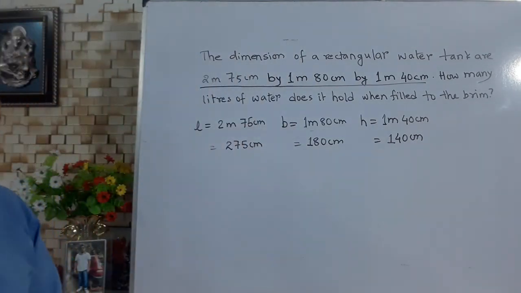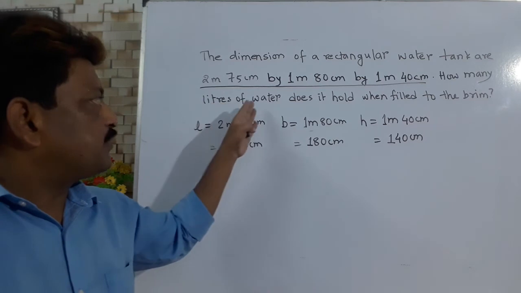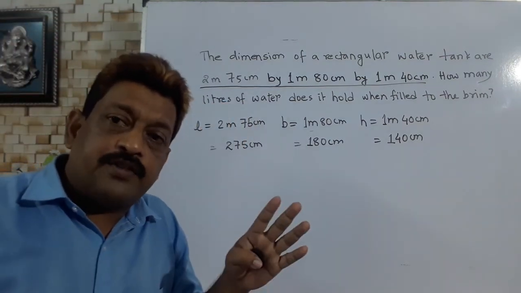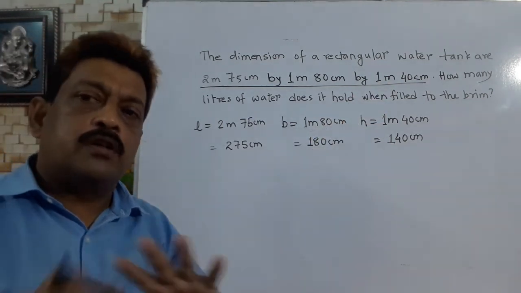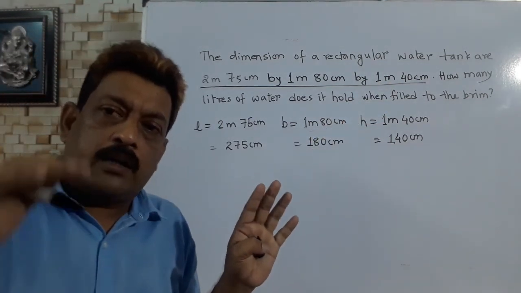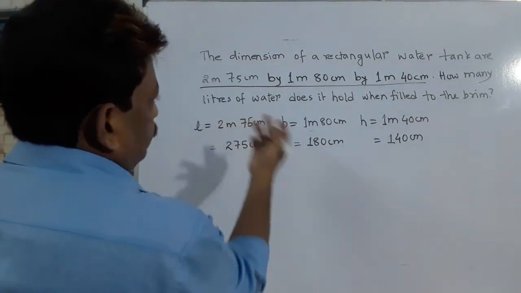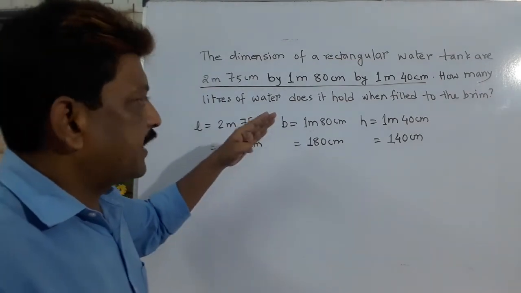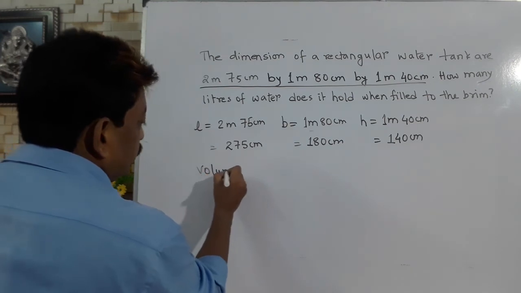Okay. Now what we have to do, we have to find the capacity, that is how many liters of water it can hold. Means we have to find the capacity of the tank when it is full. Filled up to the brim means totally filled with water up to the topmost layer. So capacity means we have to find the volume of water the tank can hold. So how to calculate the volume? Again using the same formula.